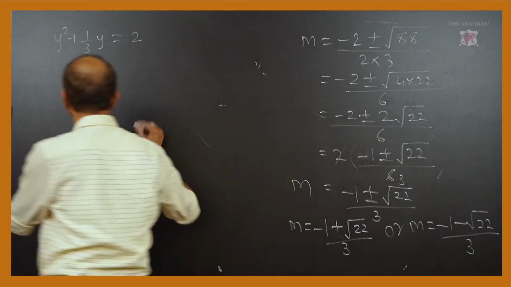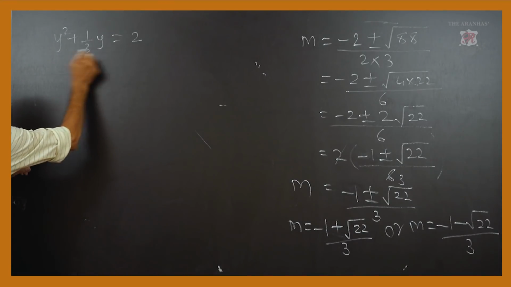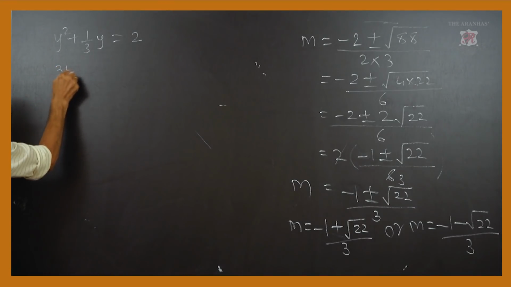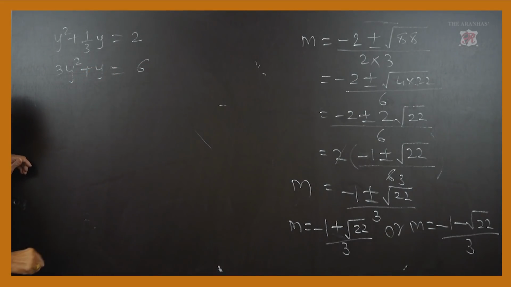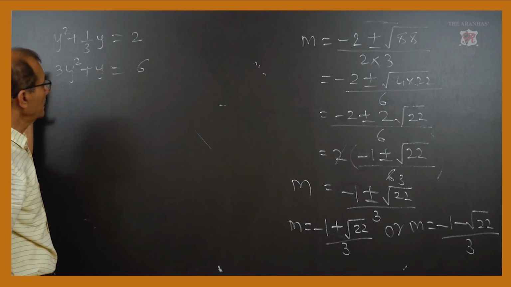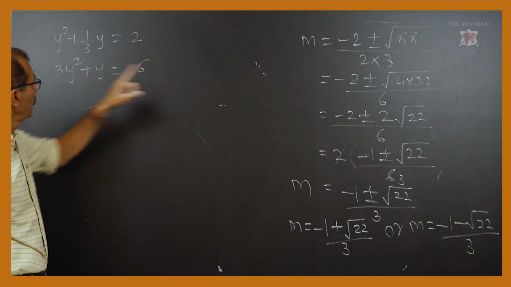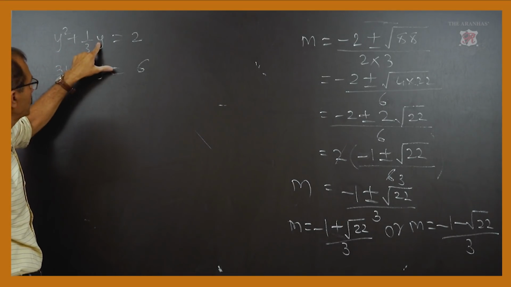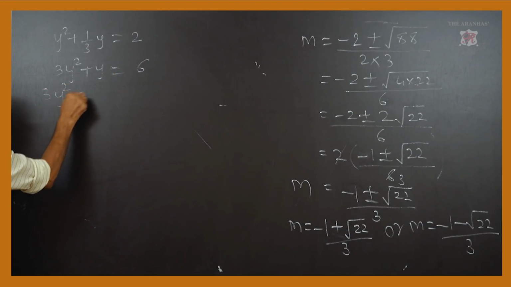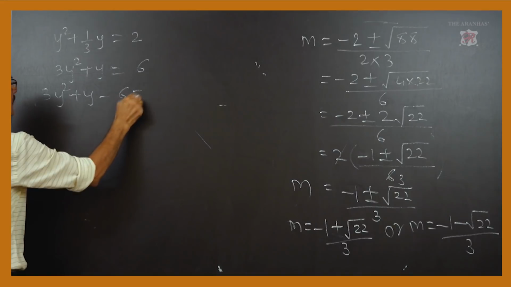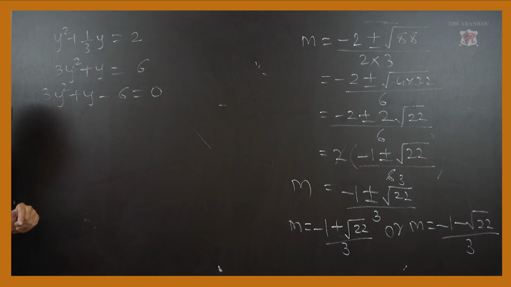So, here LCM is 3. So, multiplying throughout by 3 you get 3y square plus y is equal to 6. That is 3y square plus y minus 6 equals to 0.